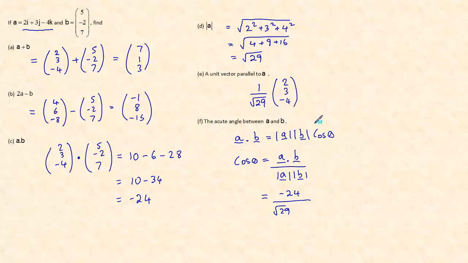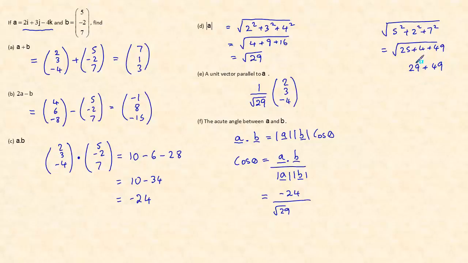And if we look at B, mod B is going to be the square root of 5 squared plus 2 squared plus 7 squared. So that's root 25 add 4 add 49. So that's 29 add 49.